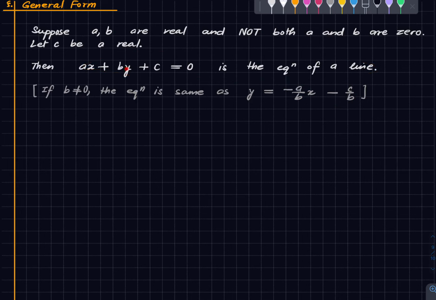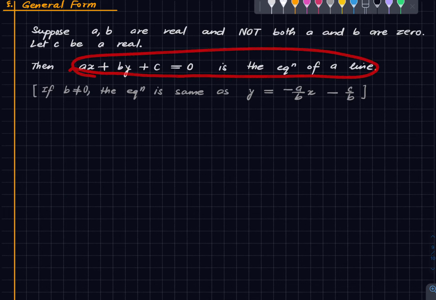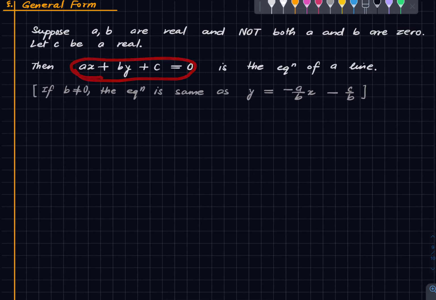If b were 0, then all you have written is ax equals c, which is the same as x equals minus c upon a, which is a vertical line. So regardless of that, this is the equation of a line, and every line has such an expression. No matter what line you take, there will exist an A, there will exist a B, and there will exist a C, such that ax plus by plus c equals 0 is the equation of that line.